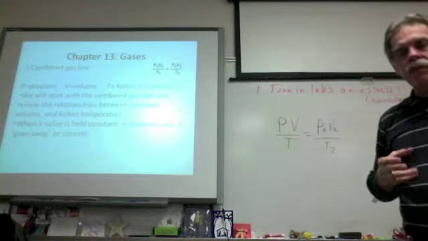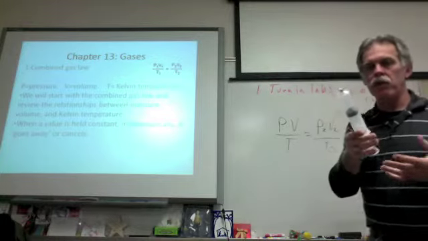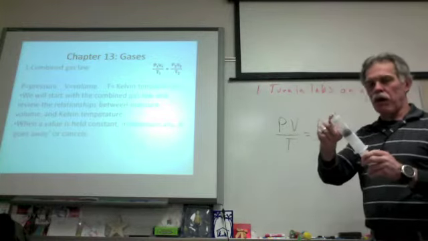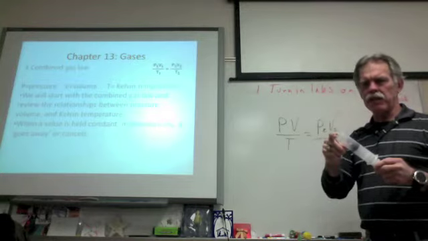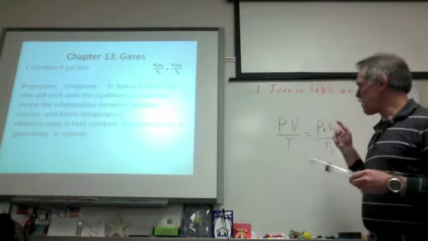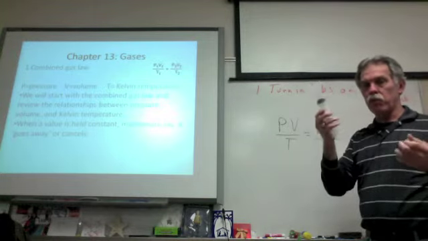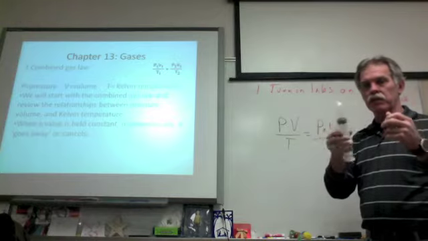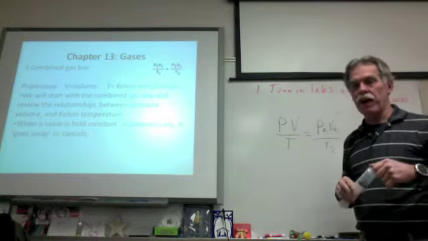So in problems, think about this. Here we have the original situation. We've got a volume, and let's say it's about 80 milliliters, and we have a pressure, which is 1 atmosphere. We'll just assume it to be 1 atmosphere because we've opened this little container, and the air pressure today is actually 1 atmosphere.